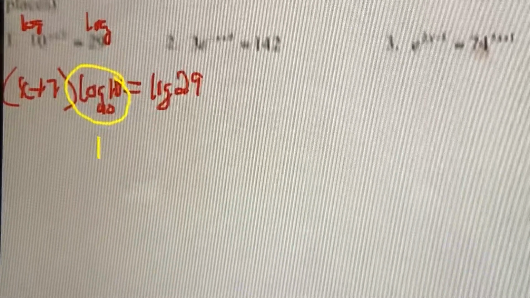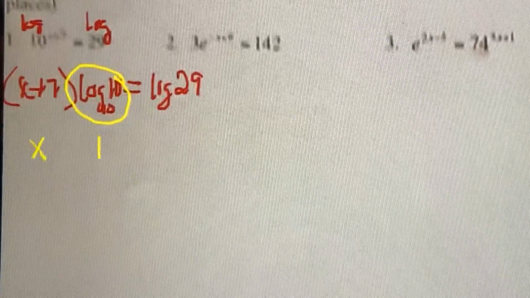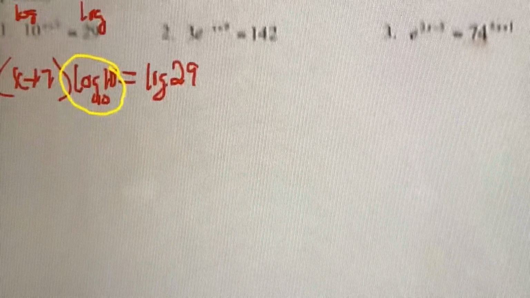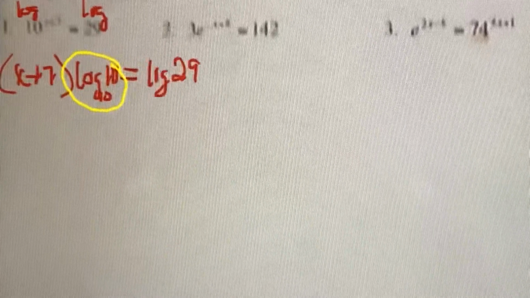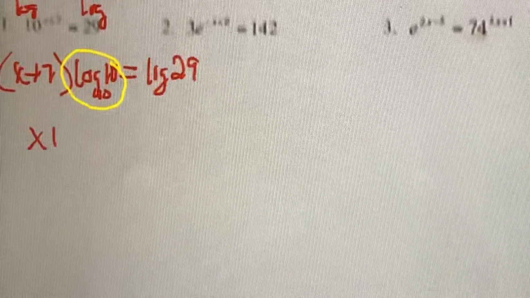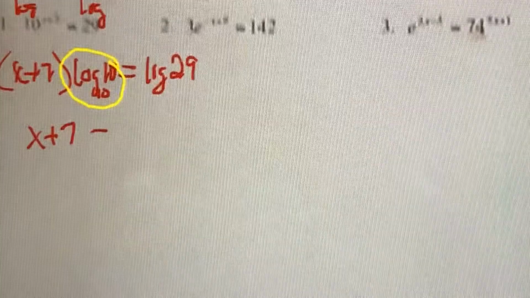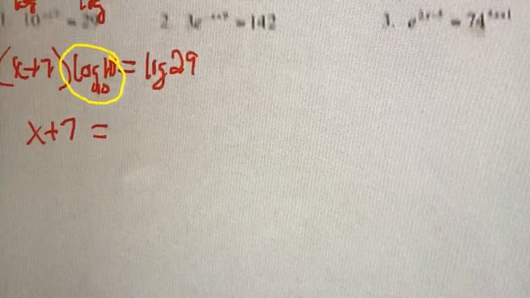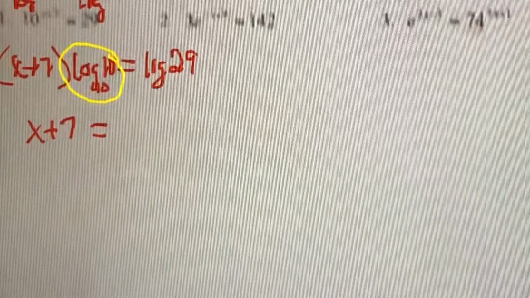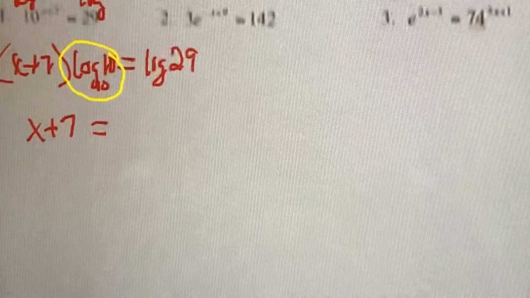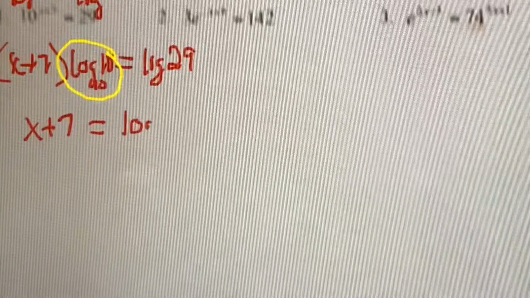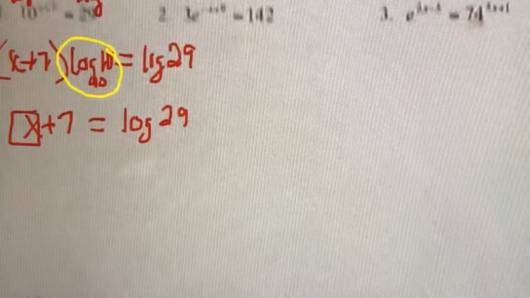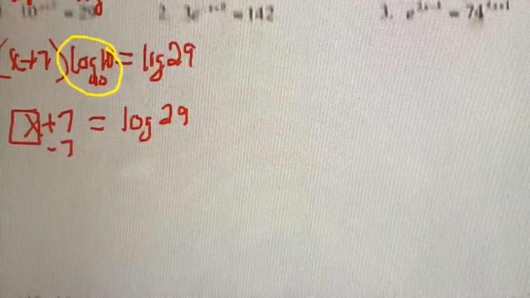So I'd basically have just x plus 7 on the left equals log of 29. I can go ahead and find what that value is, or leave it as is right now, because I'm going to eventually solve for x, so you subtract 7.